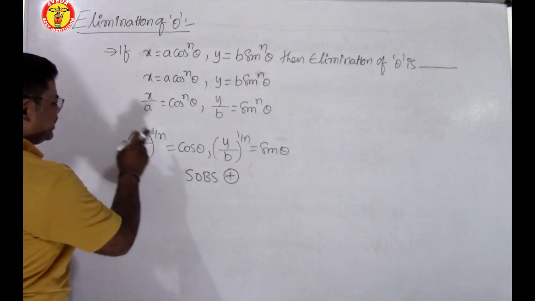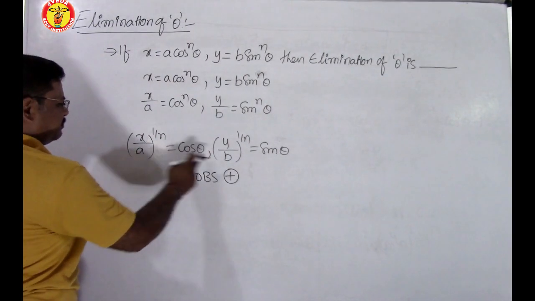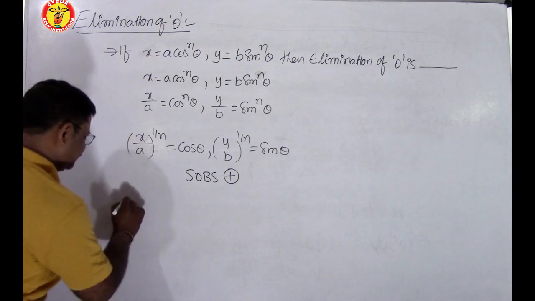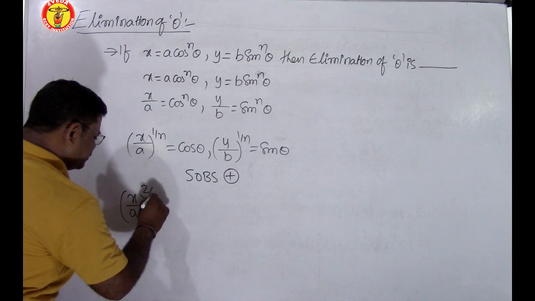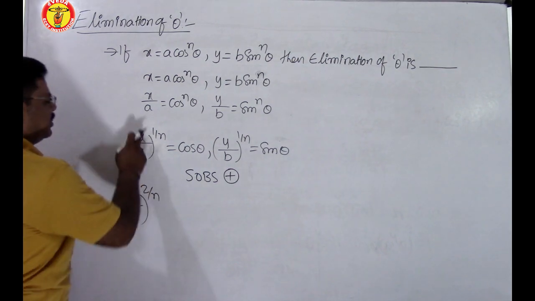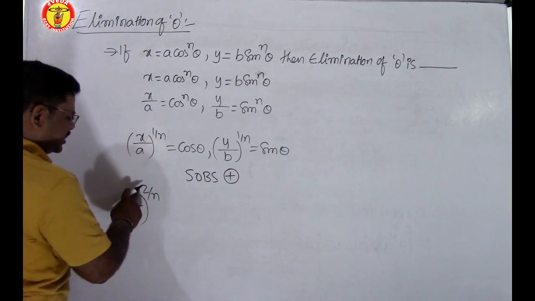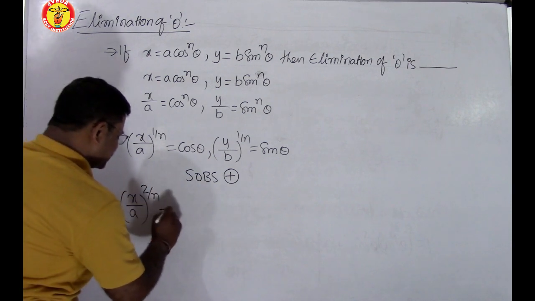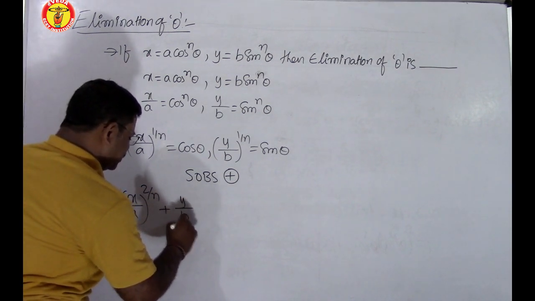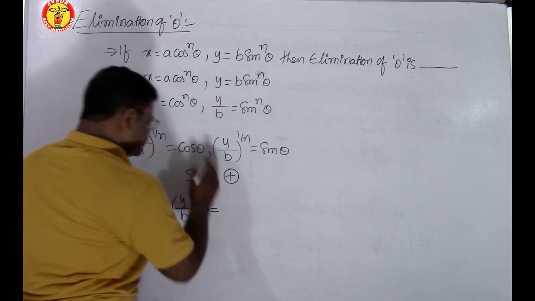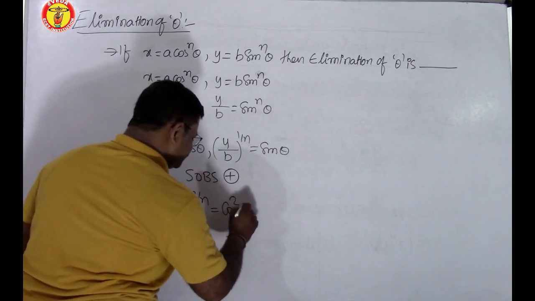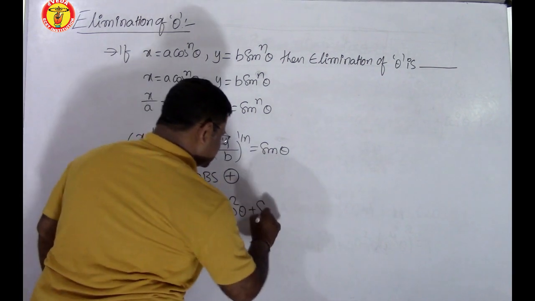By that, what will be the effect on the variables y by b and x by a? If I am squaring x by a on both sides, it will become 2 by n. Before it was 1 by n, by squaring it will become 2 by n. Plus y by b whole power 2 by n, which is equal to cos square theta plus sin square theta.